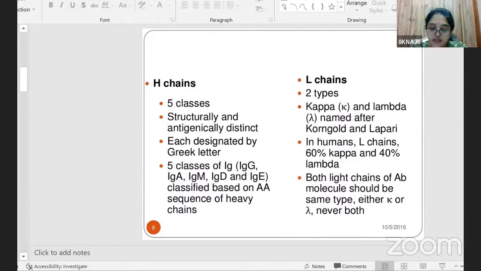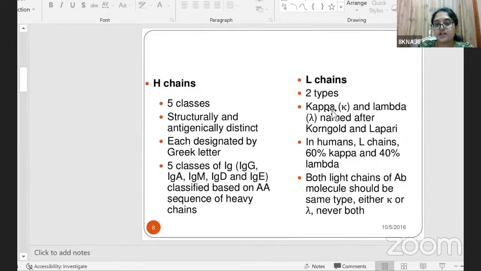The heavy chain of the antibody determines the class of that antibody. As such, IgG has the gamma type, IgA has alpha type, IgM has mu type heavy chain, IgE has epsilon, and IgD has delta. So these are the types of heavy chains.